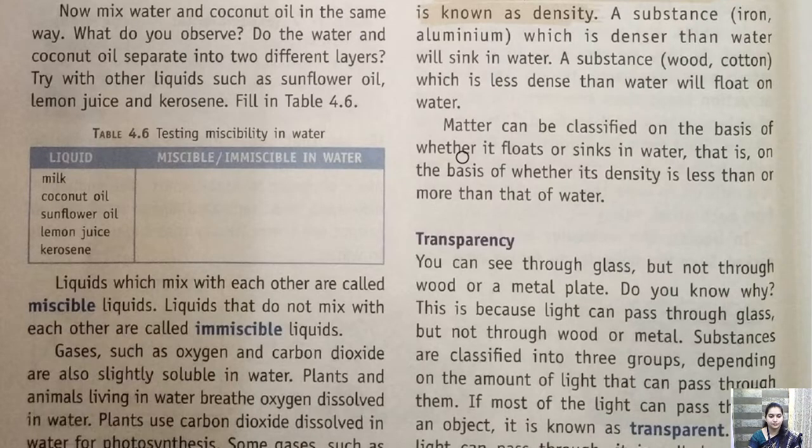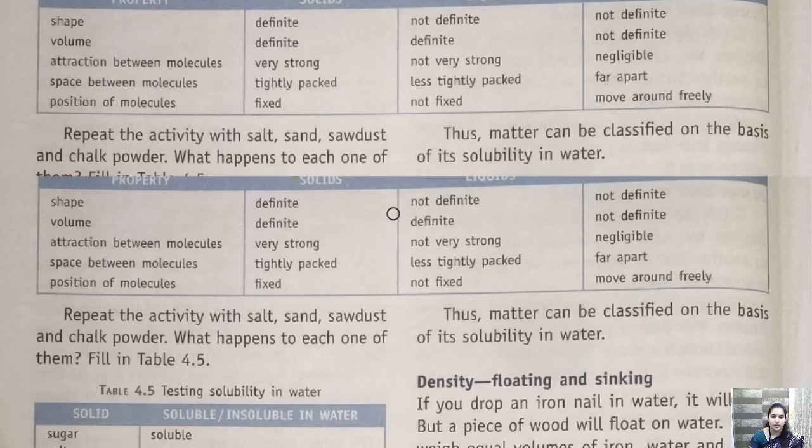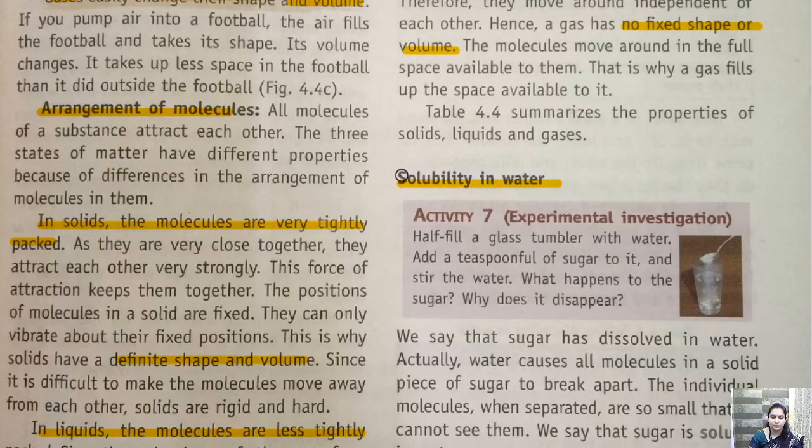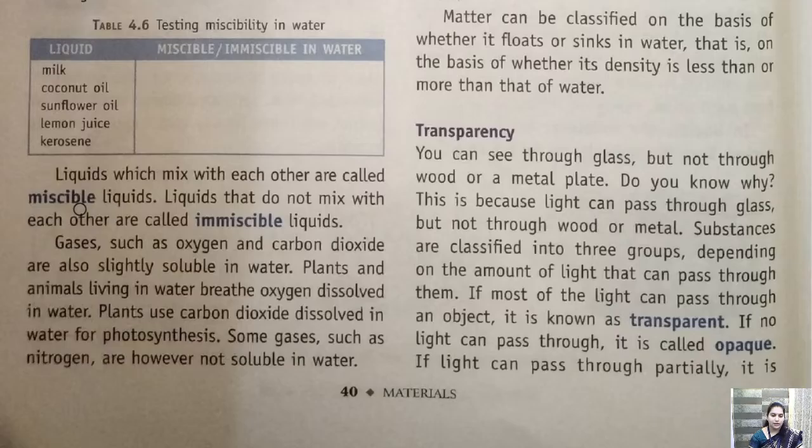Children, please fill this table so you can differentiate what are miscible and immiscible liquids. So let's see here. Then we have the solubility in water. So we have two kinds of mixtures. We have miscible and we have immiscible.